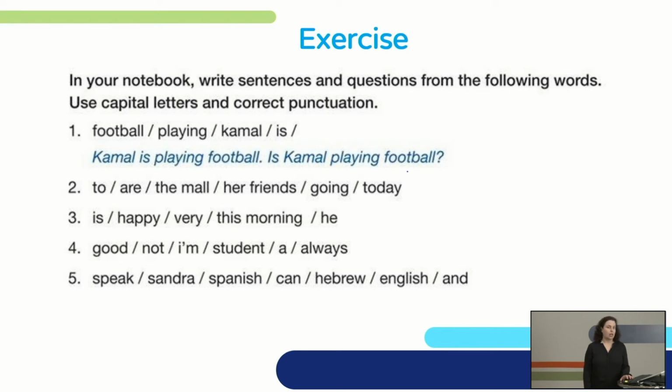Number 4: good, not, I'm, student, a, and always. Number 5: speak, Sandra, the name of a girl, Spanish, the name of a language, can, Hebrew, the name of a language, English, and the word and. Try to do this activity in the next few minutes. Don't forget to come back.